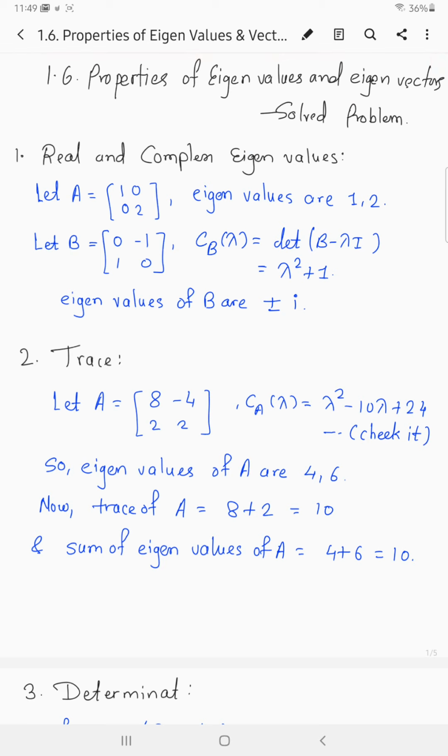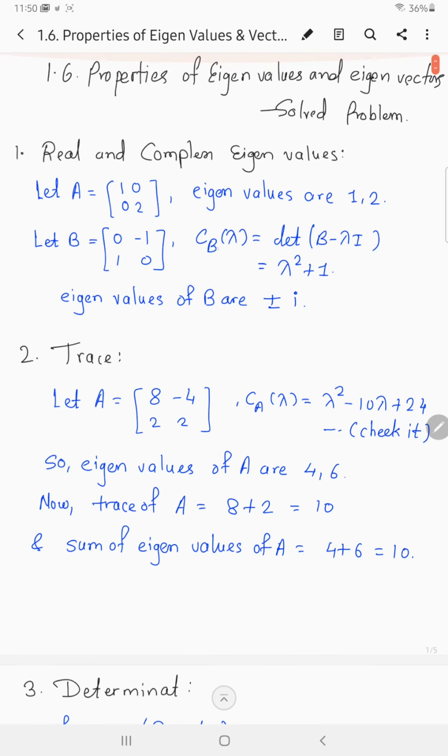Now the next property: real and complex eigenvalues. Same example, let A be the matrix 1 0 0 2, which is a real matrix. Its eigenvalues are 1 and 2. Let B be another real matrix 0 minus 1 1 0. Now you have to find the characteristic polynomial.